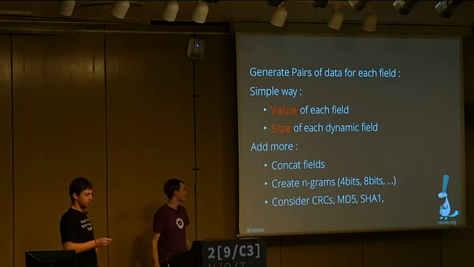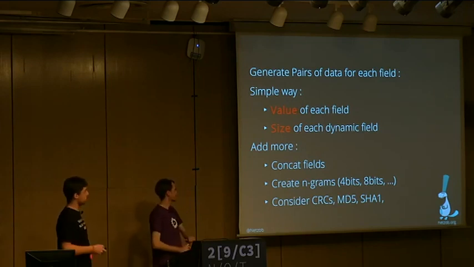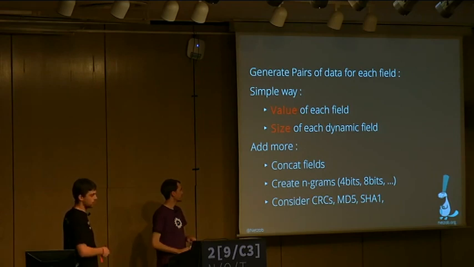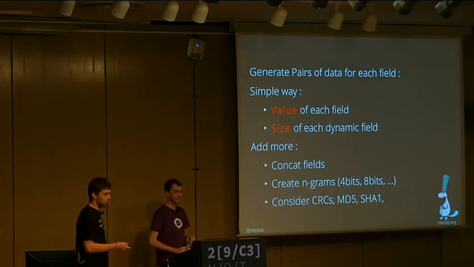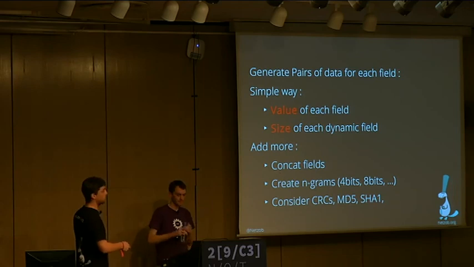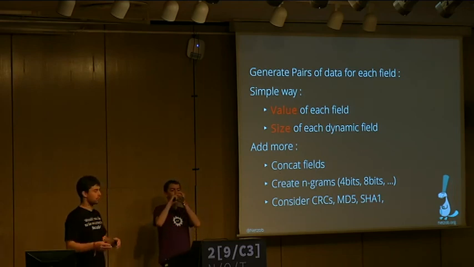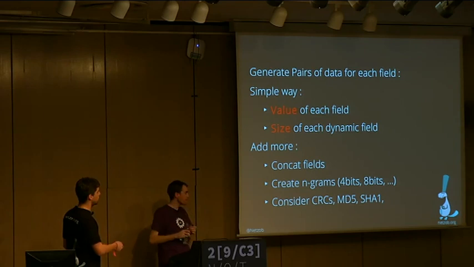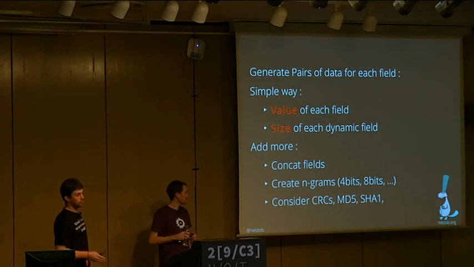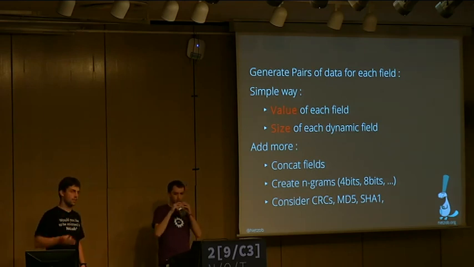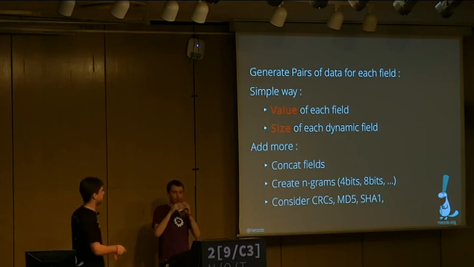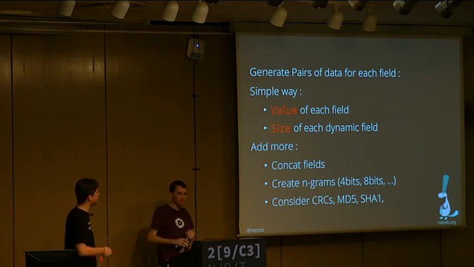It's quite simple. For each field, you generate a set of data. You take the value of the field, you take the size of dynamic fields. You have more data, like when you concatenate fields one with the other and compute their value and size. You create n-grams, which is when you split data in short segments of 4 or 8 bits.